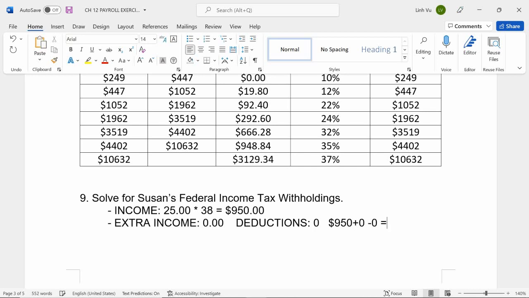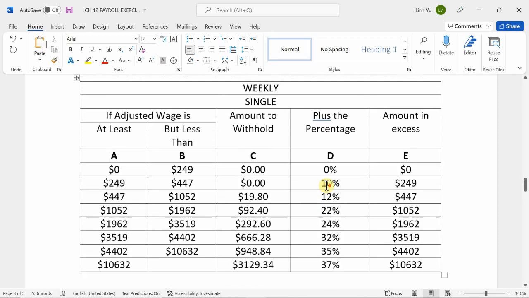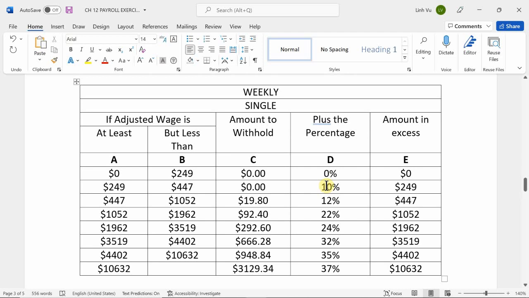That means $950 is what she's going to get taxed at. So, using the circular E table, how much is she going to get taxed at if she earned a total of $950?